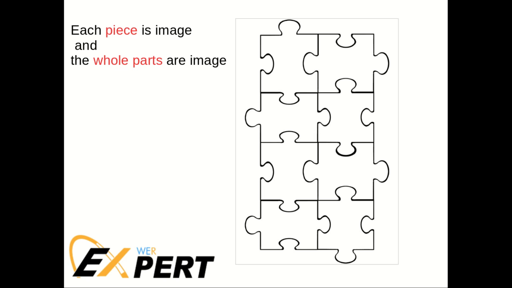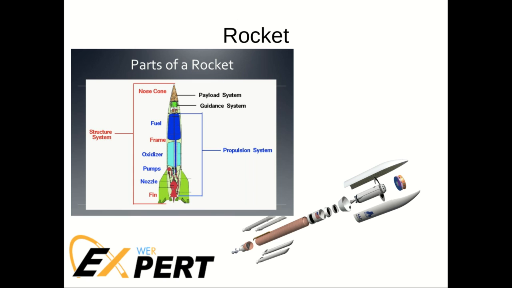We compose these puzzle pieces together to shape the whole picture. In our rocket, each part of the rocket contains parts, and we can deal with the rocket as a whole, or we can deal with the header, the top of our rocket, or the middle, or the tail.